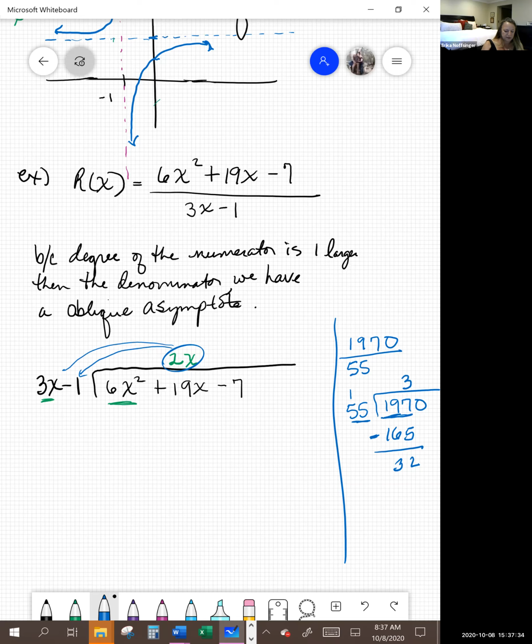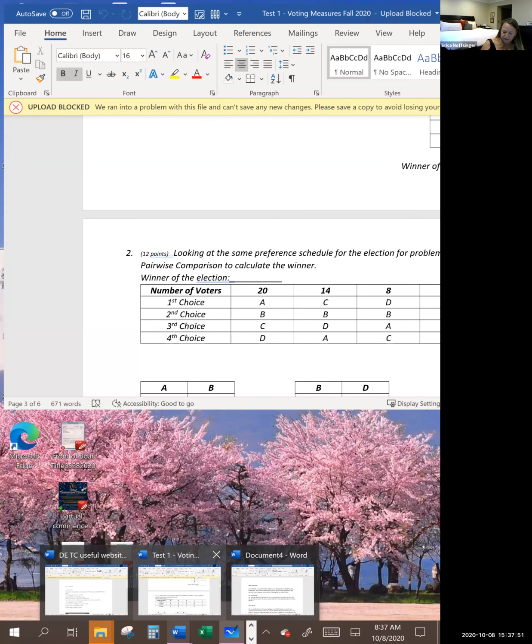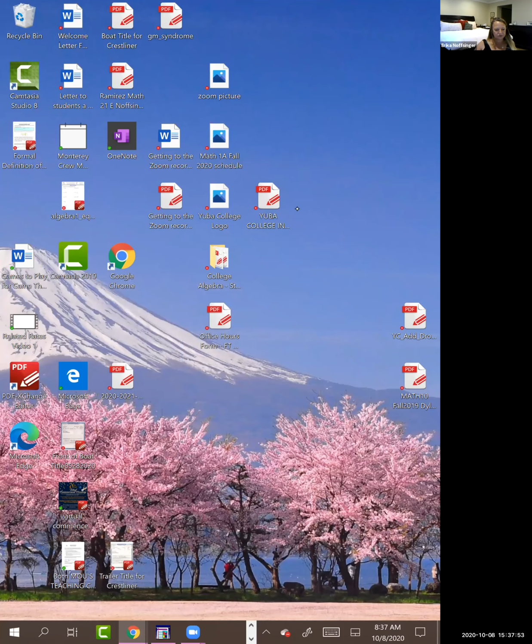So 2x times 3x is 6x squared. 2x times negative 1 is minus 2x. But we have to subtract it off.